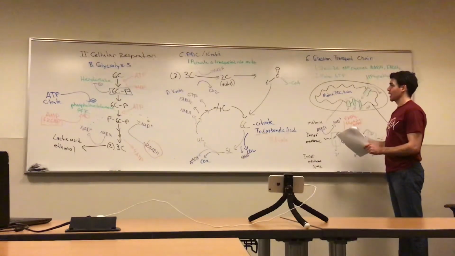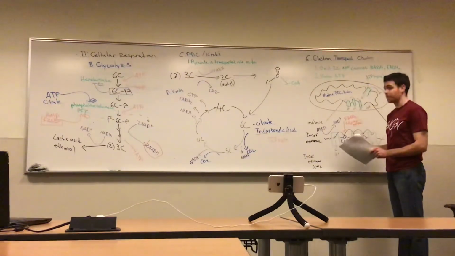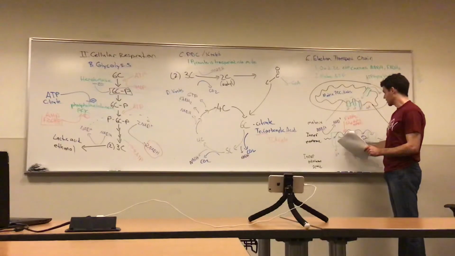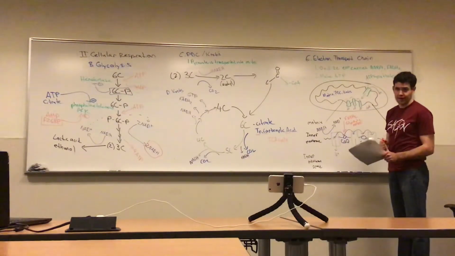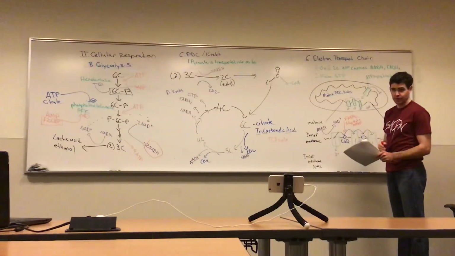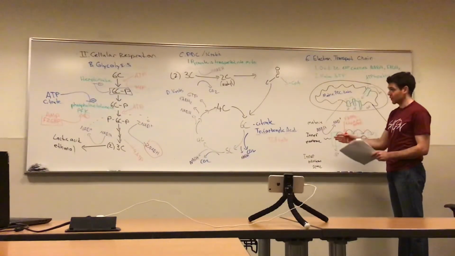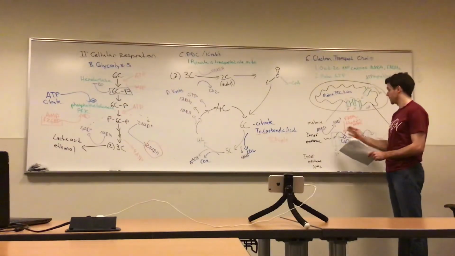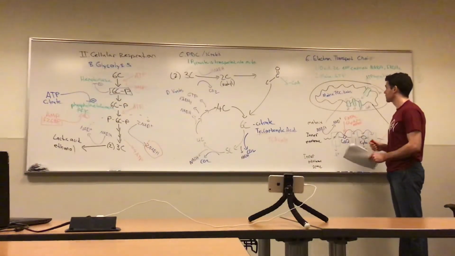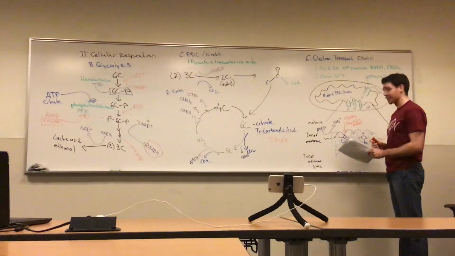Yeah. And a eukaryote, because of this inefficiency, will make 30 ATP per glucose. Right, and that's because the glycolytic NADH gets dropped off at the CoQ, because the CoQ is in the mitochondria. Is that clear?